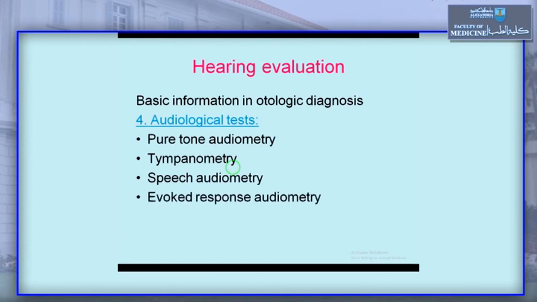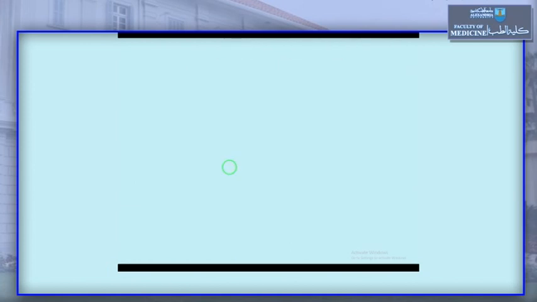Those 4 tests are the main subject of our lecture today. I'm going to talk about each one in detail. The 5th one, which is called electronystagmography, is part of the vestibular evaluation, which is a topic of another lecture. But for this lecture, I will talk about the first 4 tests only.